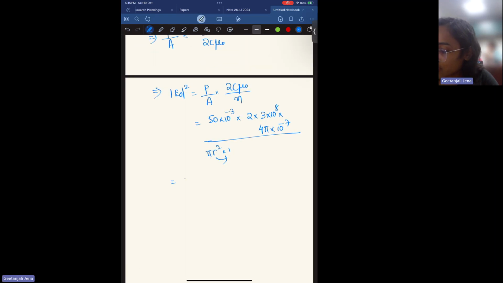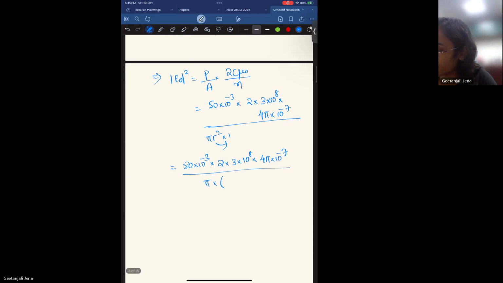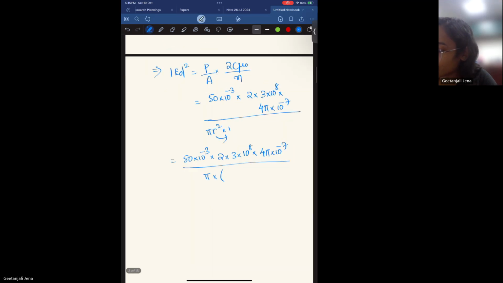So that means this is 50 into 10 to the minus 3, 2 into 3 into 10 to the 8, 4 pi into 10 to the minus 7, divided by pi times 2 into 10 to the minus 3 square.